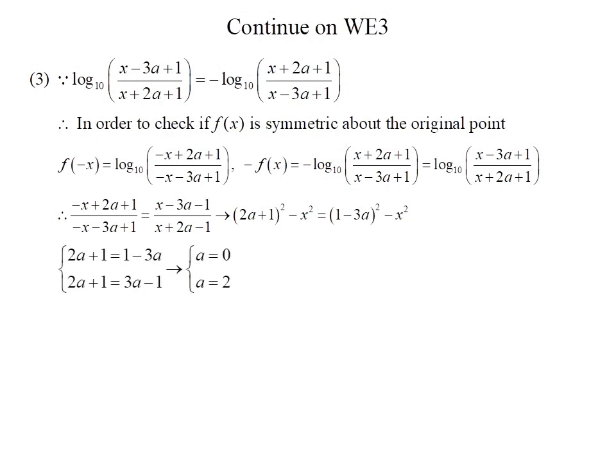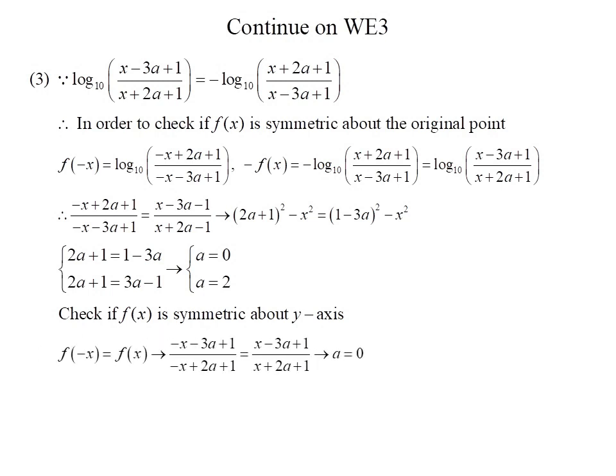After simplifying the equation, we find that a equals 0 or 2. In order to check if f(x) is symmetric about the y-axis, we assume f(-x) equals f(x) and then try to find the value of a.